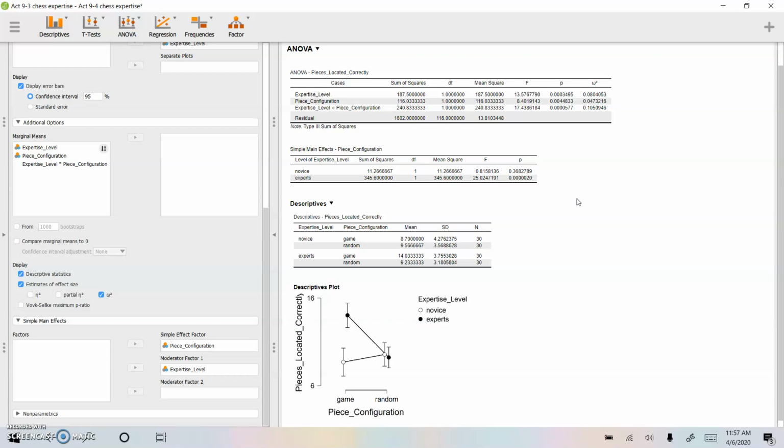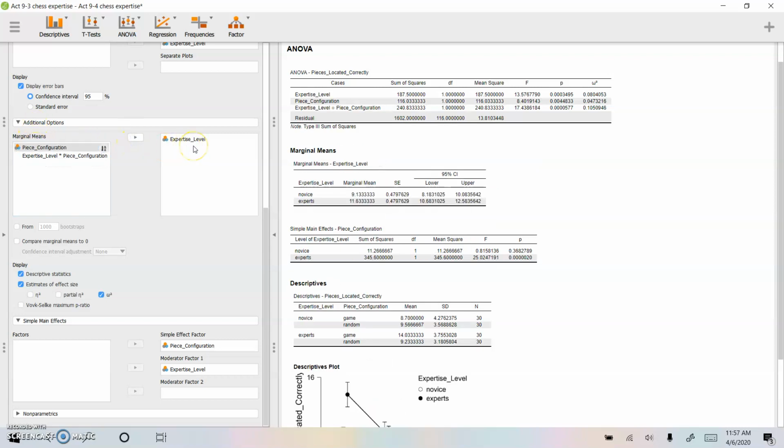Okay, so once you've looked at the interaction, there's still main effects to look at. Okay, so we have a main effect of expertise level. Right? So to look at the main effect of expertise level, I'm going to look at the marginal means for expertise level. So under the additional options, marginal means, I can move expertise level over into the right-hand side. You can see I have a mean for novices of 9.13 and for experts of 11.63.